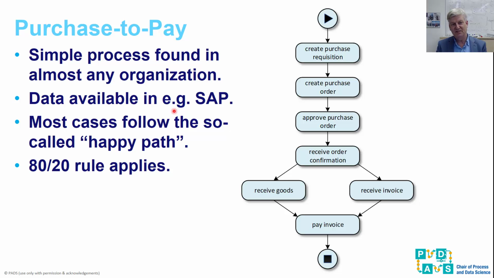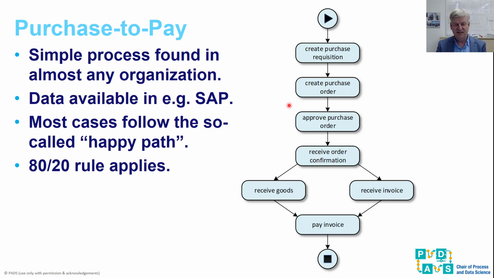This is the buy side of an organization. An organization needs to purchase products, also this university, but that holds for any organization. When you buy products, there is typically a certain process in doing this. And here you see the activities that need to be executed in such a process.